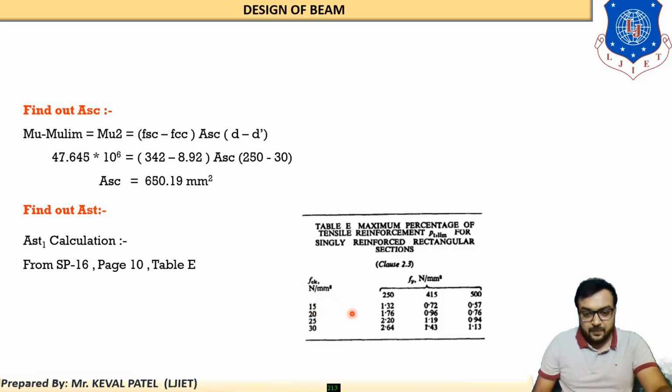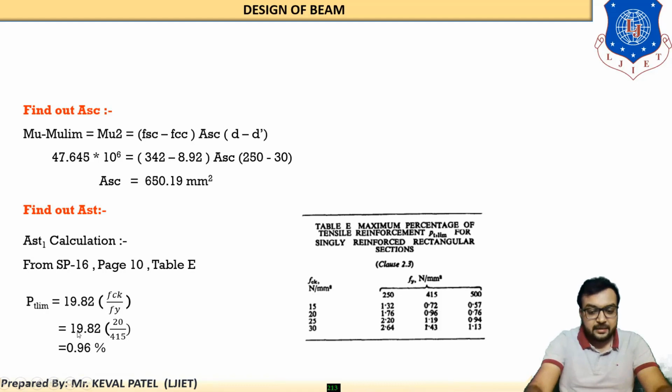So for M20 and Fe415 the value is 0.96, but how does this value come? The proof is the Pt limit equation, 19.82 into fck divided by fy. After putting all these values, we get 0.96, which is in the table. So this is our Pt limit.